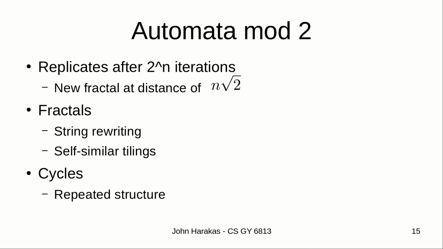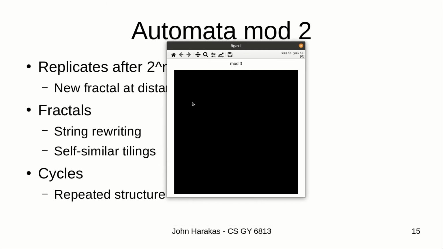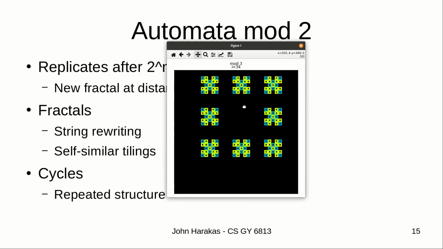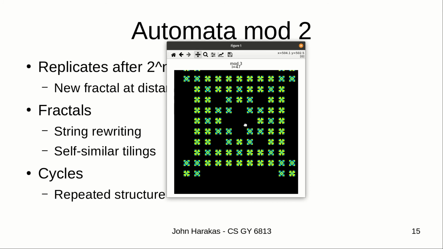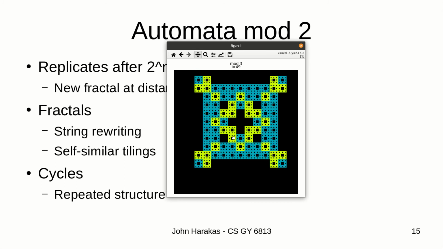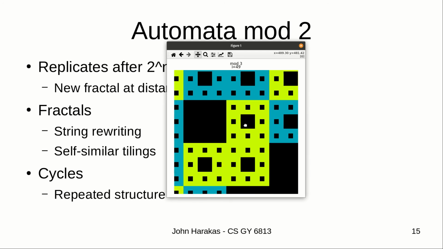Now what happens if I go mod 3? Well, let's see. Interesting. Let's let it run. And that is neat. What exactly is going on here? Well, if you know anything about fractals, this right here is called a Sierpinski carpet.